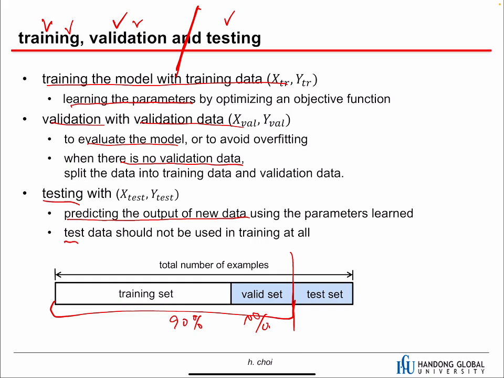But if we have a lot of samples, then we cannot have 10%, because whenever we evaluate the training model with this validation data set, it takes too much time. So in that case, when we have too many samples, then maybe just 1%, or it depends on the size of the data.